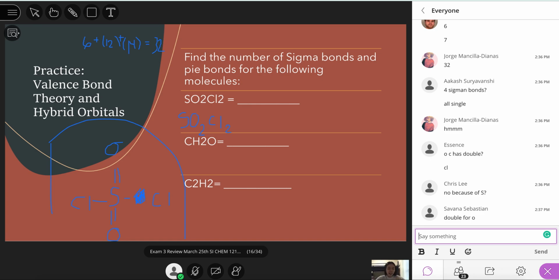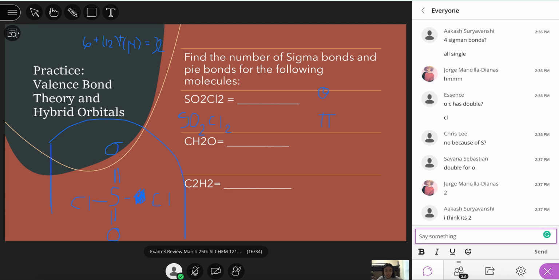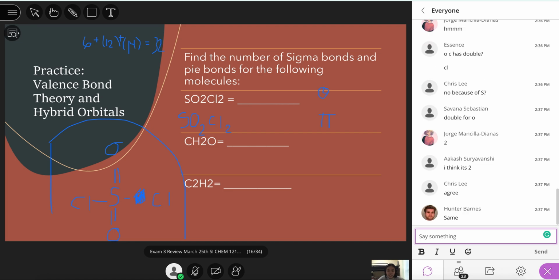So with this, how many sigma bonds are we going to have? 2 sigma bonds? Jorge said 2, do we agree or is there a different answer? I think it's 2.